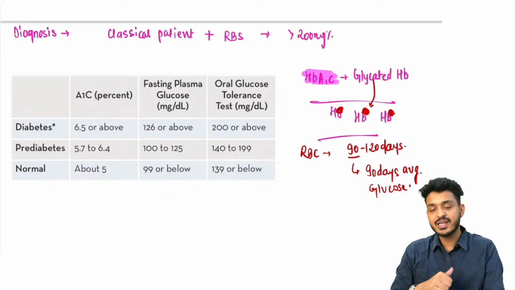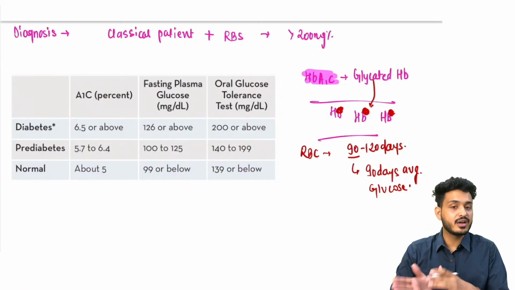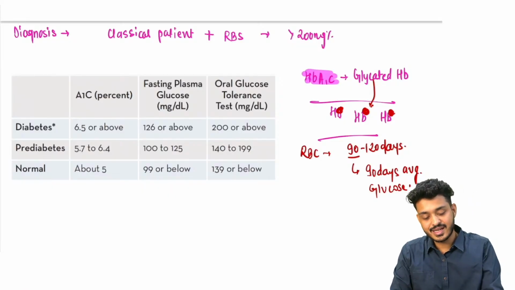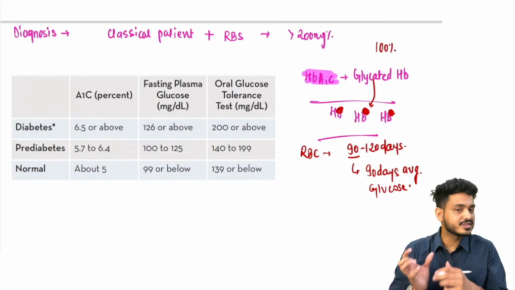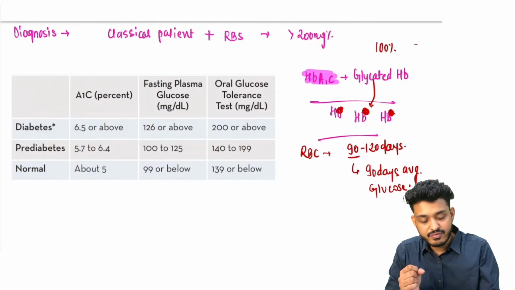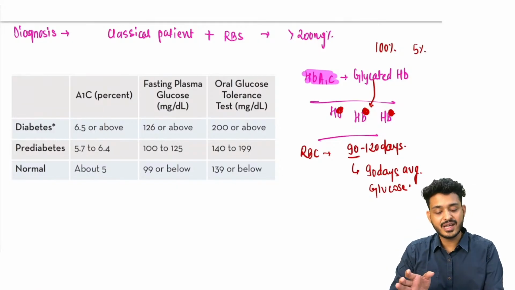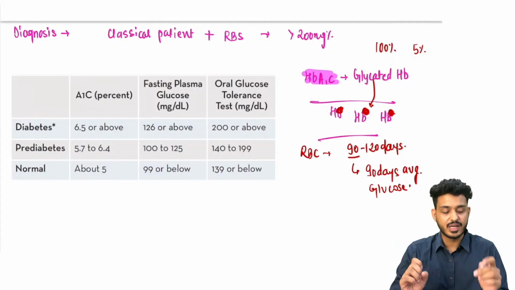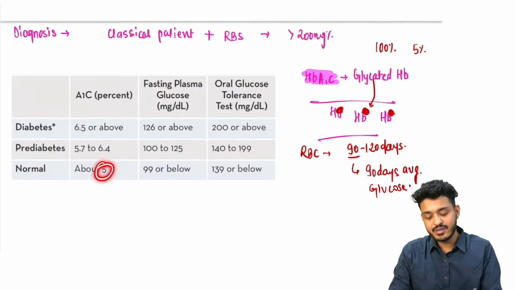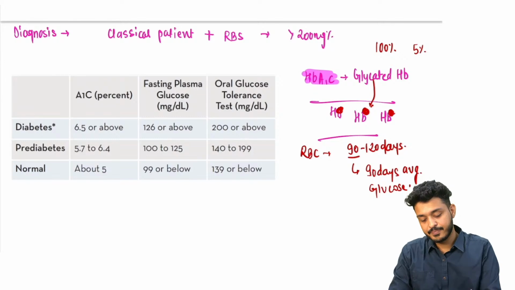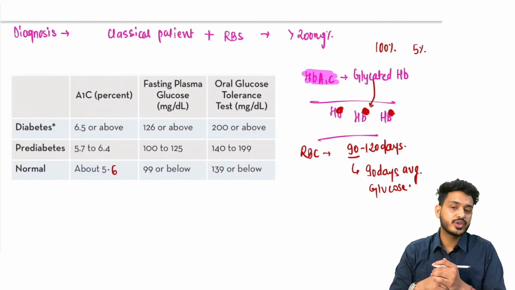Normally, what does it mean? That means if your body is having 100% of hemoglobin, just try to understand this. If your body is having 100% of hemoglobin, 100% of RBCs will be there. If 5% or less than 5% of hemoglobin is glycated, that means it is normal. If your body is having 5 or 5.6, you can write till 5.6, it is going to be normal.